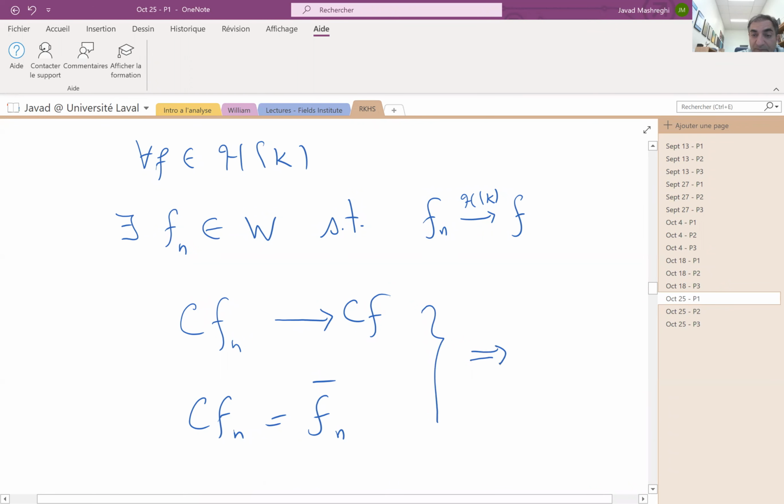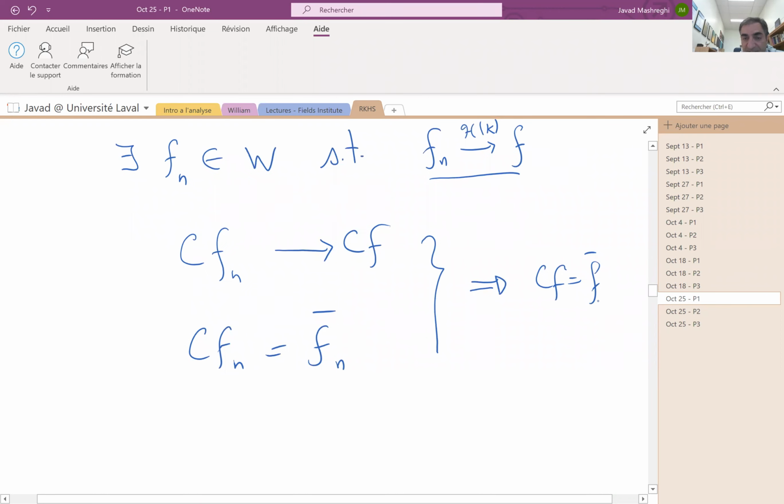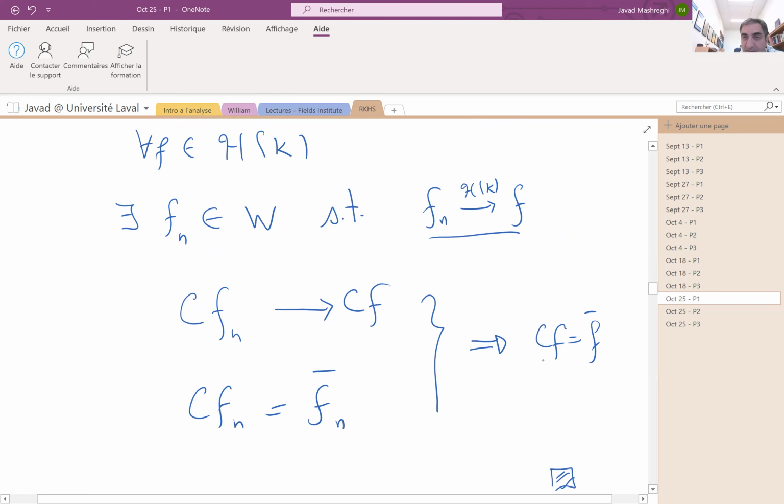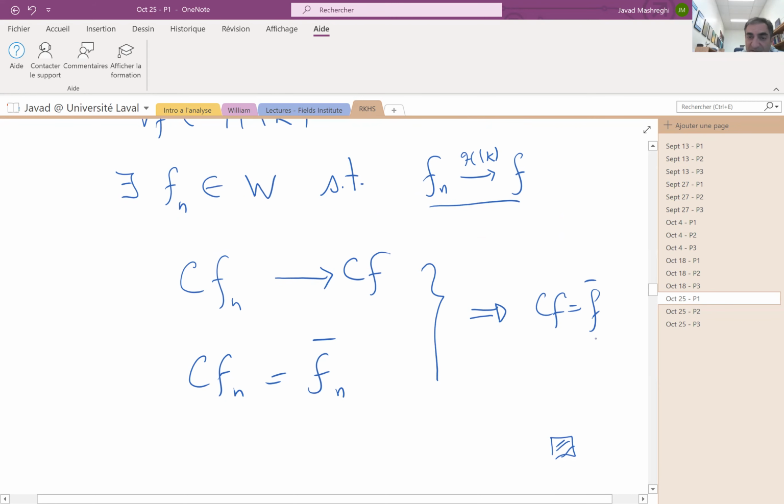Both of them imply that, and also don't forget this, that C of F is equal to F bar. It's a little detail that I leave for you to complete. But the bottom line is the fact that convergence in norm implies pointwise convergence, and that is why we obtained this one here.